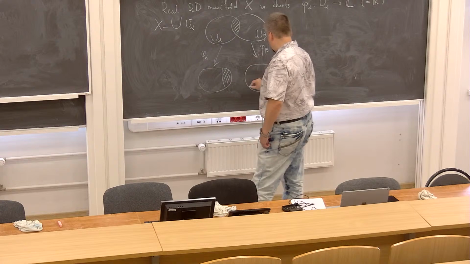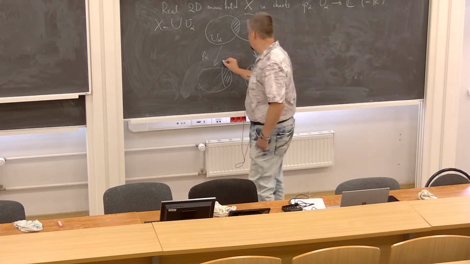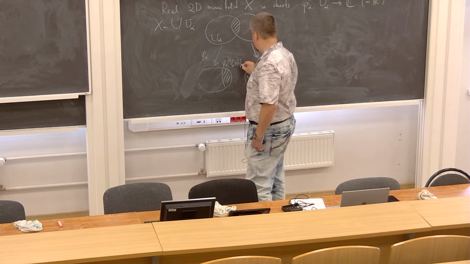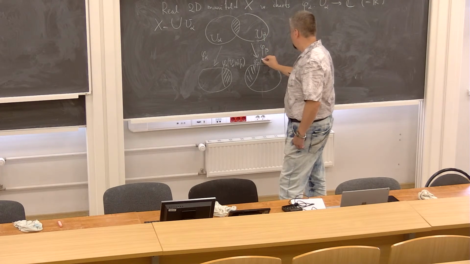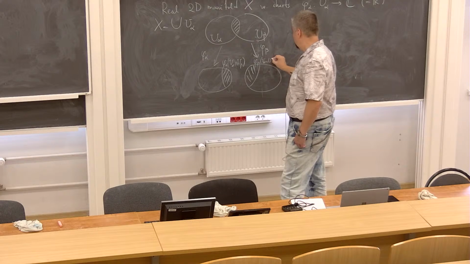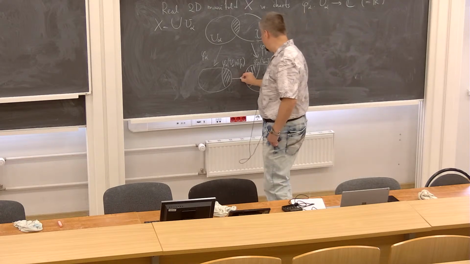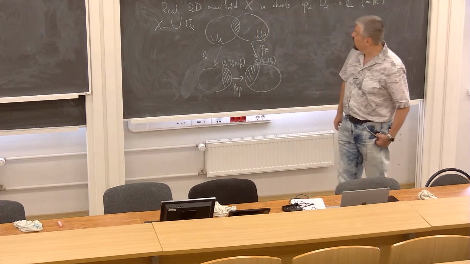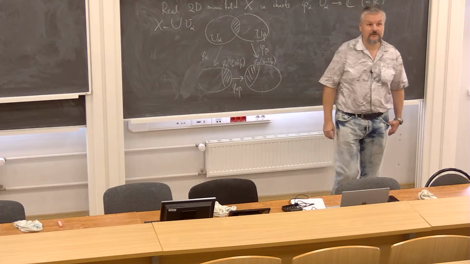and I can draw it like that. So the intersection goes to some set phi alpha of U alpha intersect U beta here, and to some phi beta of U alpha intersect U beta here. And there is a transition map phi alpha beta. So in the real case, we just say that this transition map is smooth.